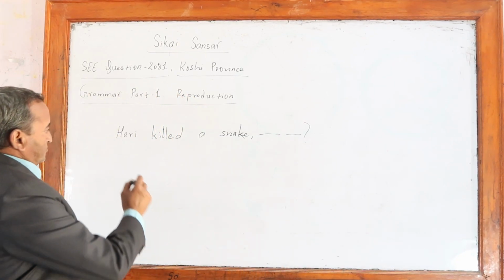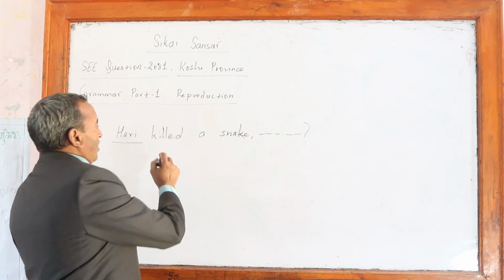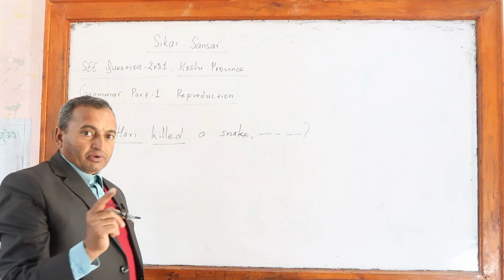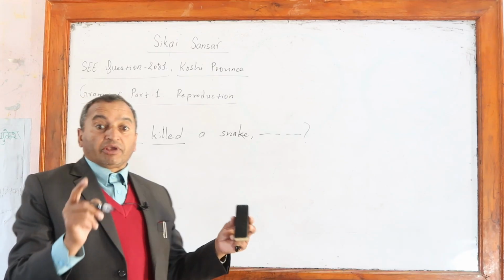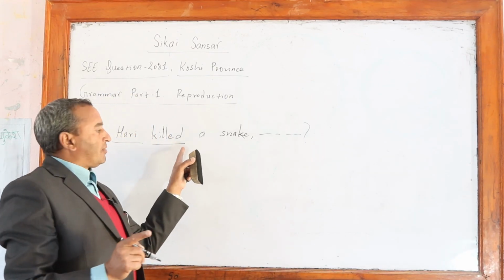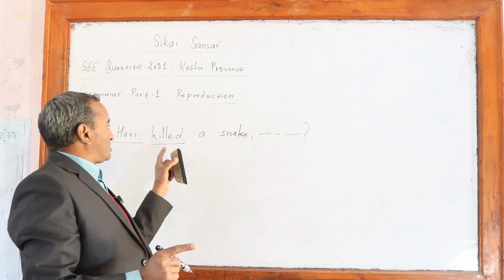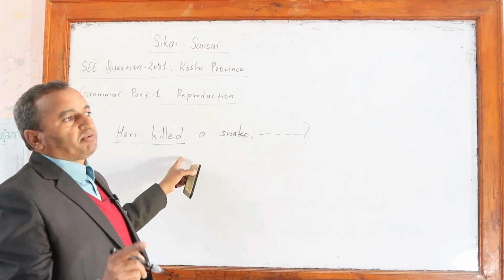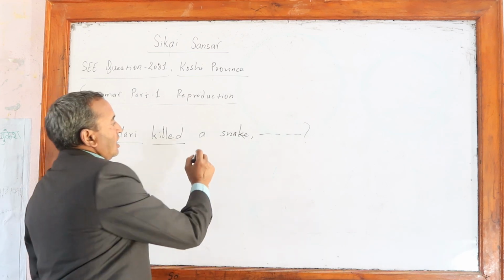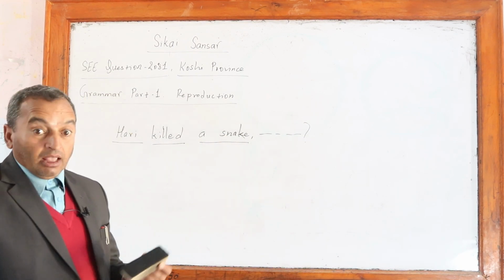Look here. Hari is the subject. Killed is the verb. Now it is different from earlier. Previously we used present forms, but here it is the B2 form: kill, killed, killing, kills. So verb second, the simple past form of the verb, is used. A snake is the object.